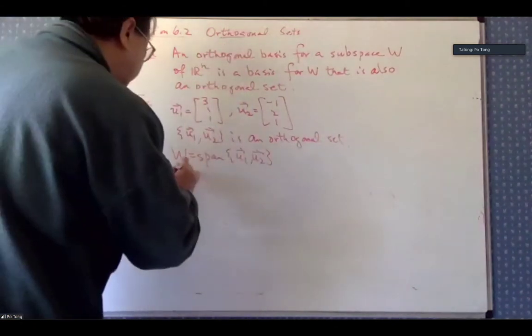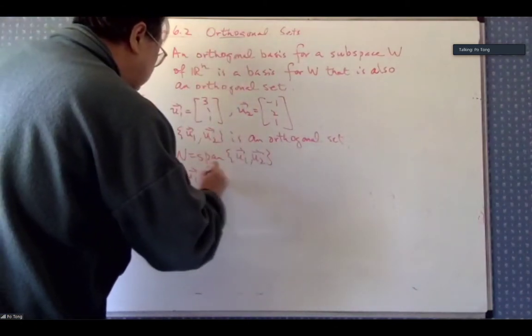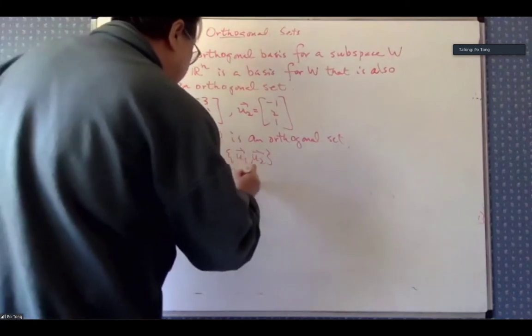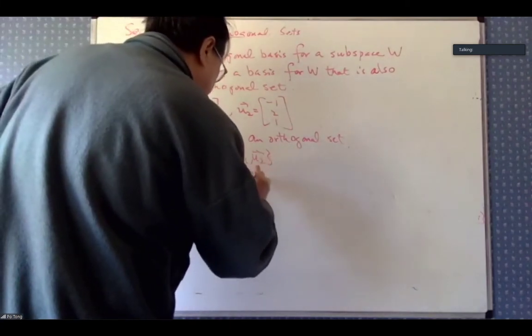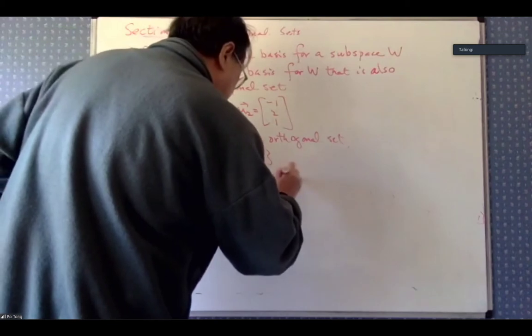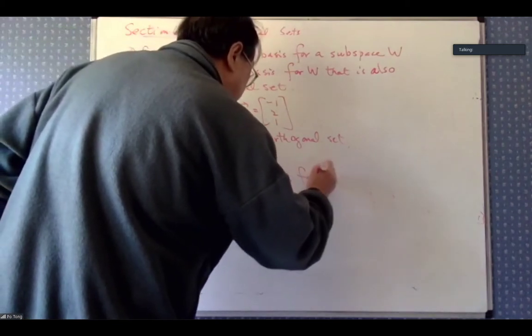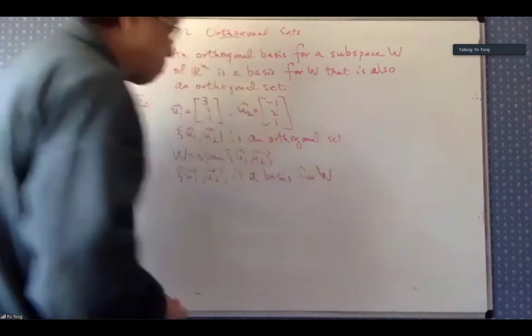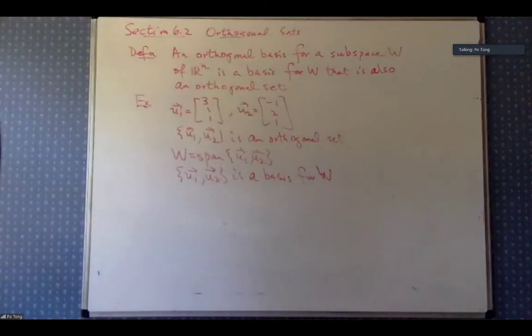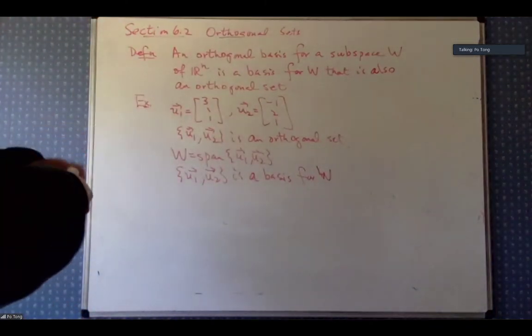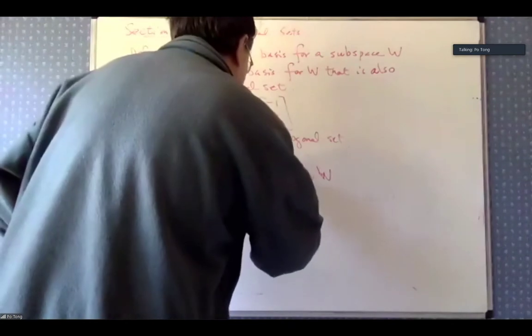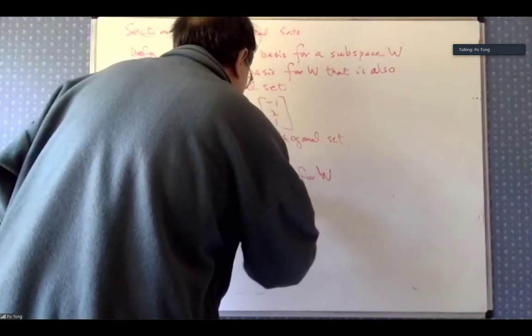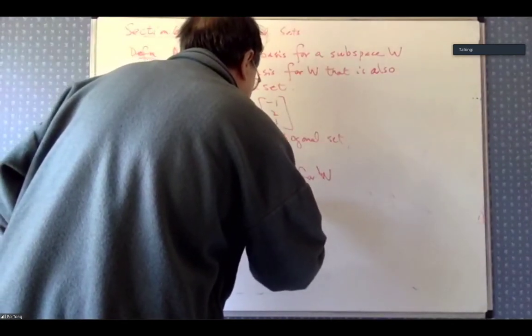So this is actually a basis for W, and it's also an orthogonal set. So we call this an orthogonal basis for W.